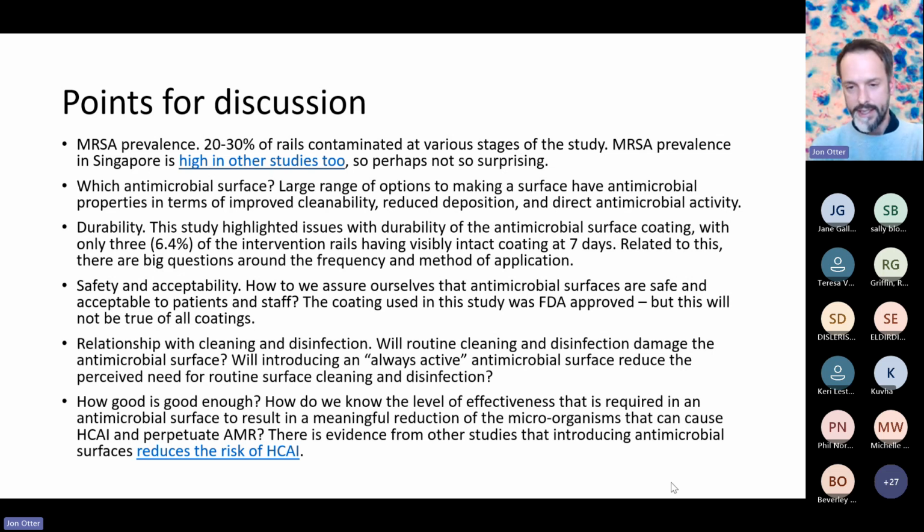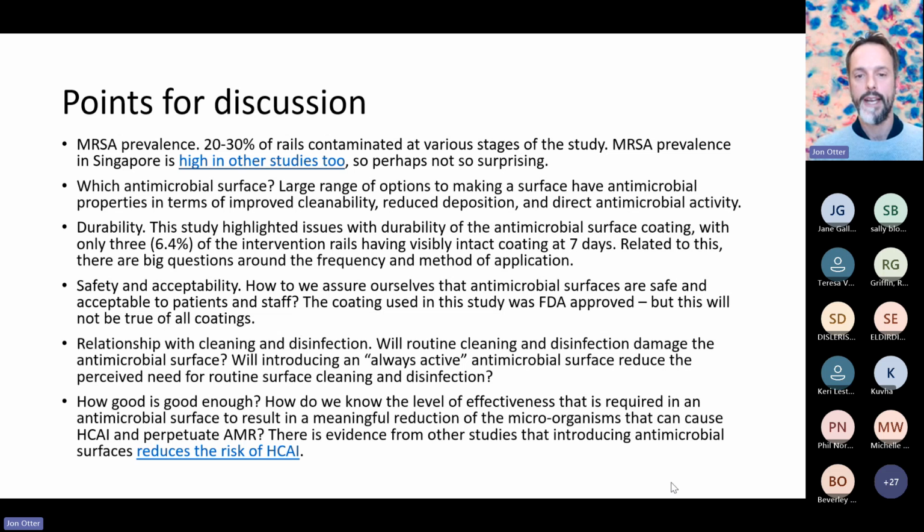And then this question is a little more esoteric. How good is good enough? We know that antimicrobial surfaces are unlikely to sterilize the environment. They're not going to act like those blue light fly zappers that you might see in a baker's, where when the fly lands on it, the fly is vaporized.